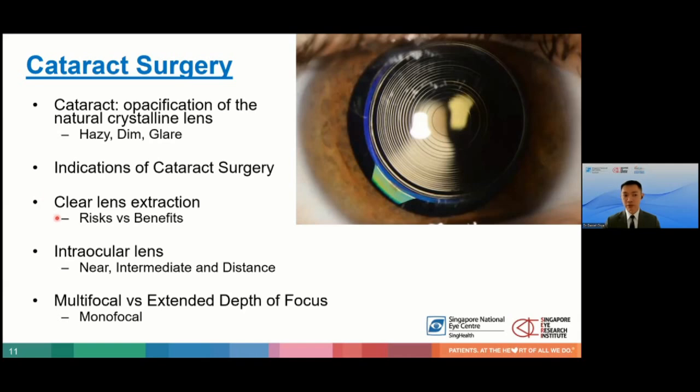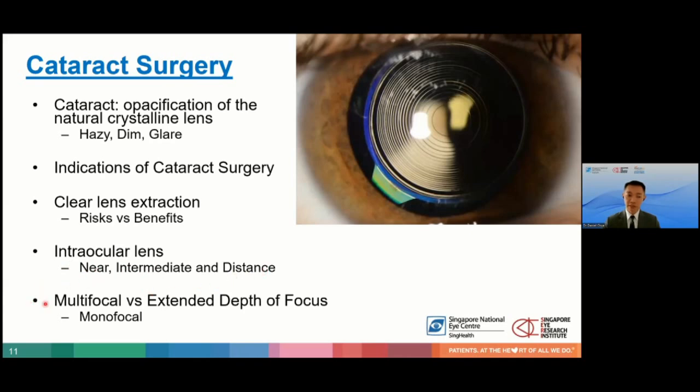And this comes with risks and benefits, because if there is no other condition other than age-related change where we get presbyopia, sometimes we need to evaluate whether there are significant benefits that outweigh the risks, so to say. And when we implant the artificial lens, or what we call an intraocular lens, this intraocular lens can be adjusted to target the near, intermediate, and also the distance vision.